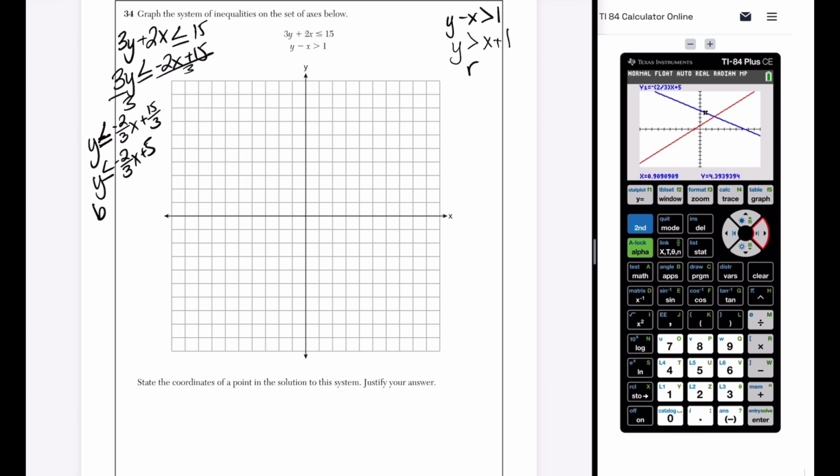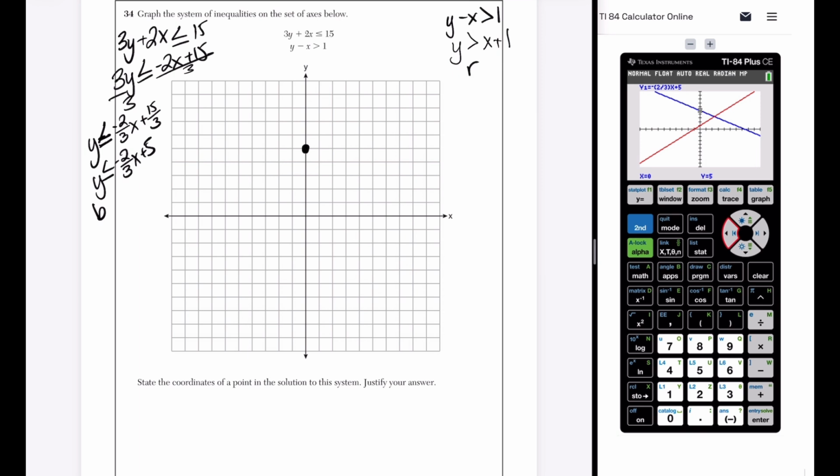I can see they intersect right about here. So they're intersecting kind of there, but I need some points to graph this in. That makes sense. And if you're tracing it, this one makes sense. So when x equals 0, y is 5. 1, 2, 3, 4, 5.